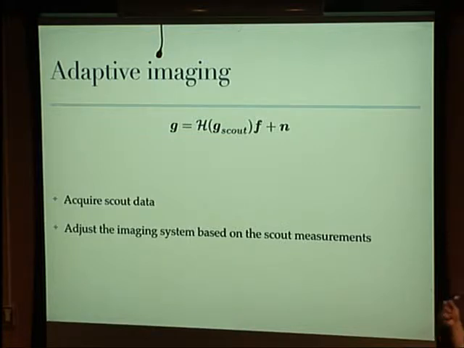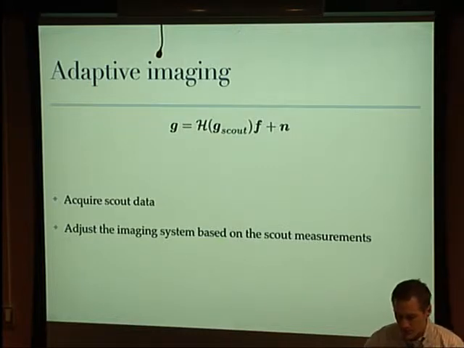Imagine a system that turns on for a few seconds, takes some initial measurements, processes those measurements, and then adjusts the imaging system to be optimal based on that data. In this situation, the imaging operator becomes a function of the scout data, so we're adjusting the imaging system based on these scout measurements.